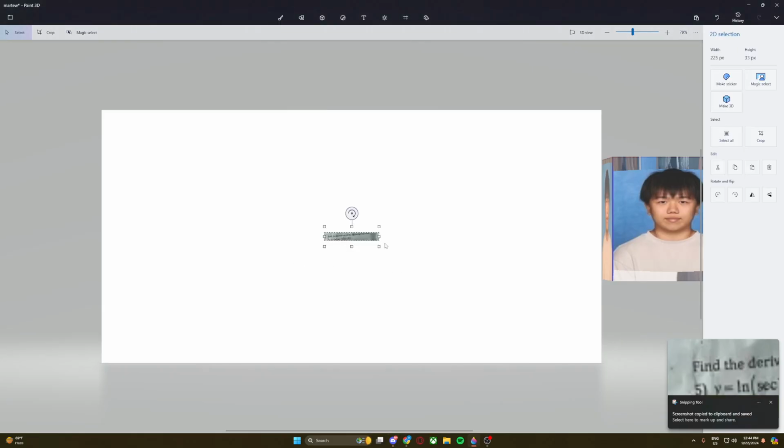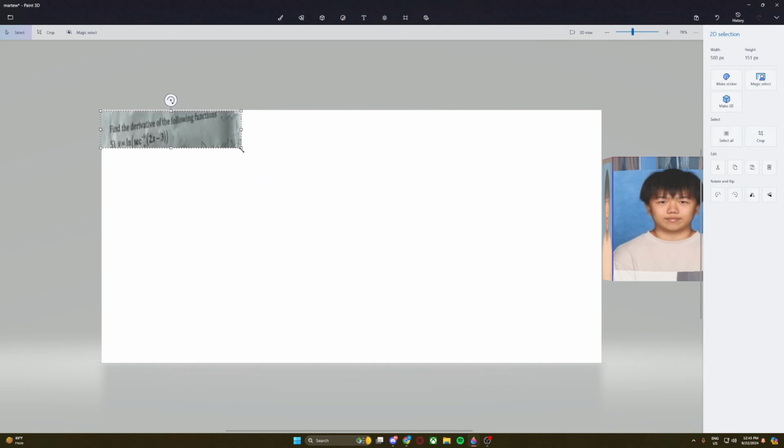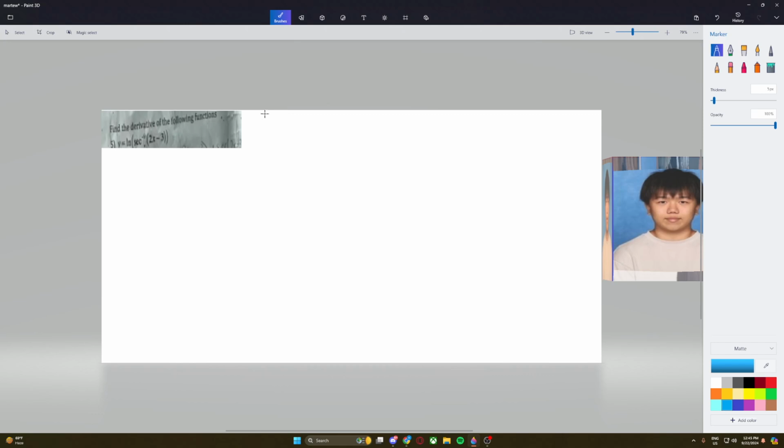Okay. Next question is y equals ln of secant of negative 9 to the 2x minus 3. Now, let's write out the functions.